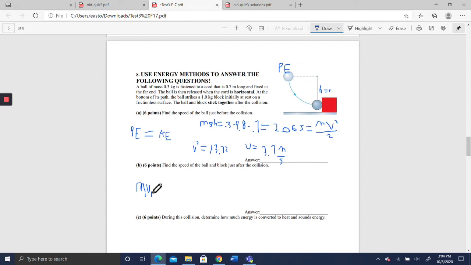And since our initial values, plus 0, since the block was not moving before, are equal to our combined momentum after. So the m1 plus m2 multiplied by our new v value.